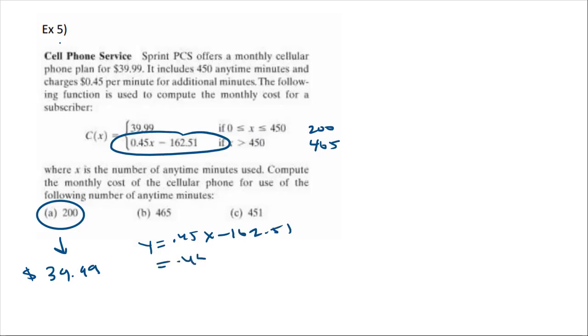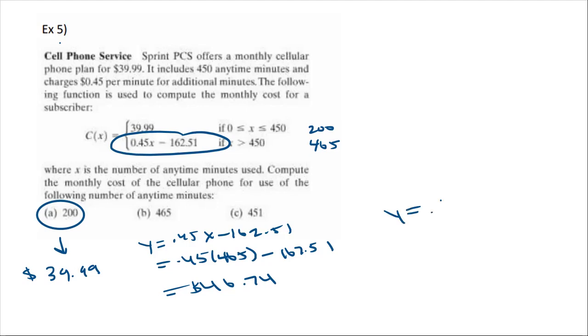Then we're going to plug in 465 for x. Okay, so when we do that, we get $46.74.